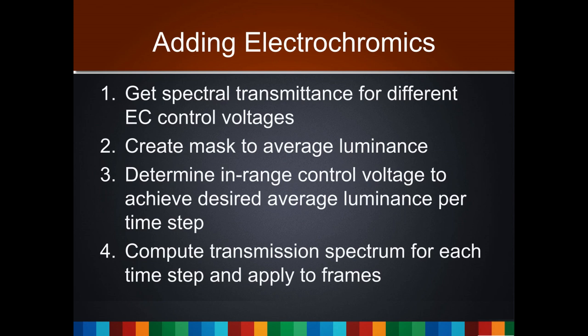That was easiest for me. And then figure out what control voltage to apply to get the desired average luminance for that masked area. And then finally use the control voltage to compute the transmission spectrum for each time step.